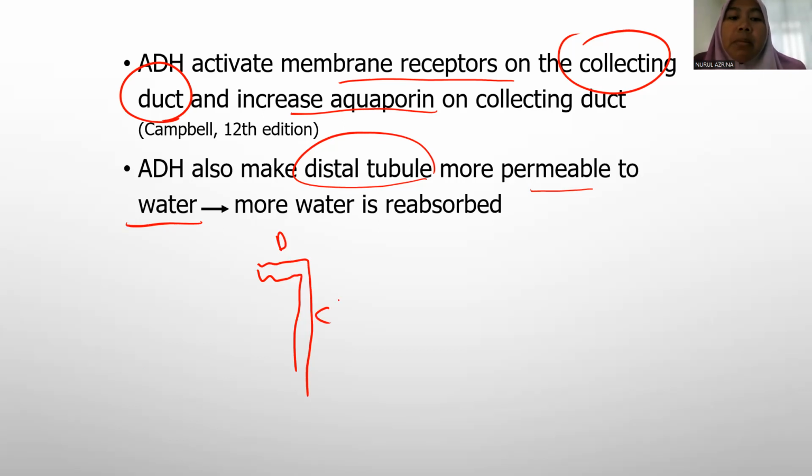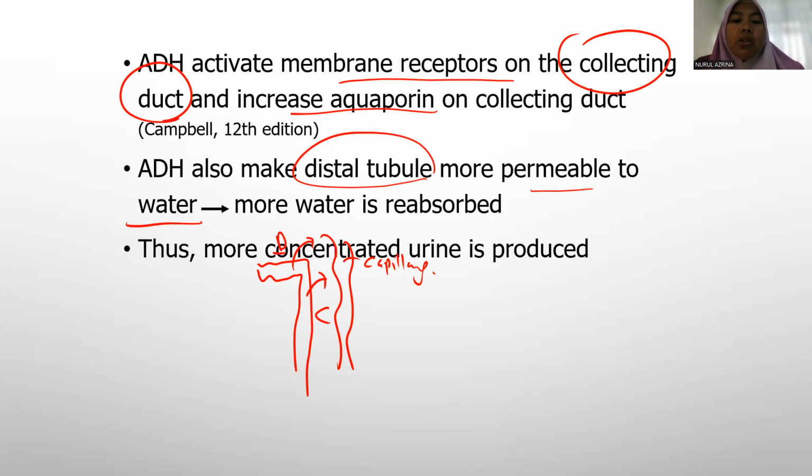Reabsorbed tu maksudnya daripada mana ke mana? From the filtrate, from the distal tubule and collecting duct, to the surrounding capillary ataupun to the surrounding tissue. Okay, more water will be reabsorbed. So as a result, what happened to the remaining fluids that remain behind?